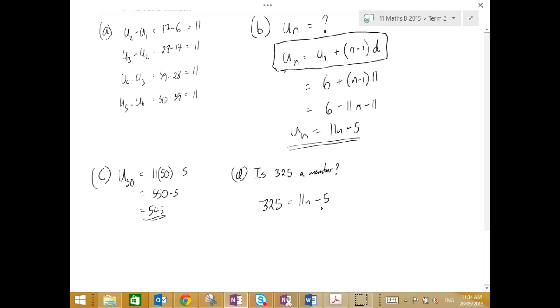So I need to add 5, so I've got 330 equals 11n. And then if I divide by 11, 325 is the 30th term.